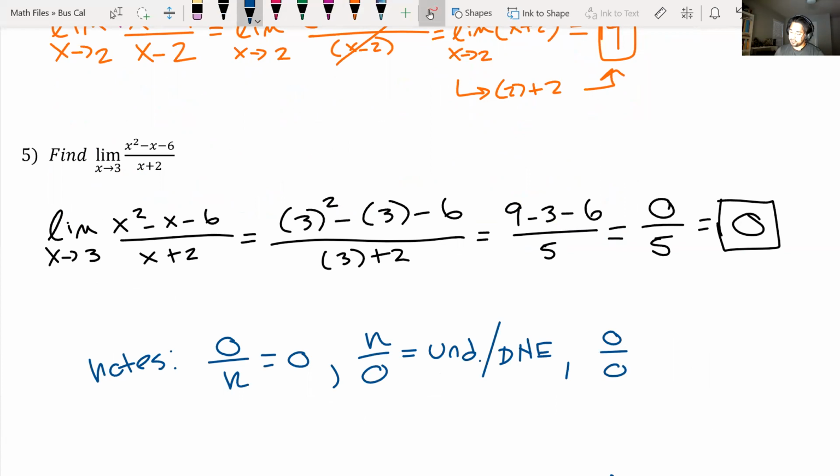And then 0 over 0 is indeterminate. So just some notes for you to have. Any questions before moving on?